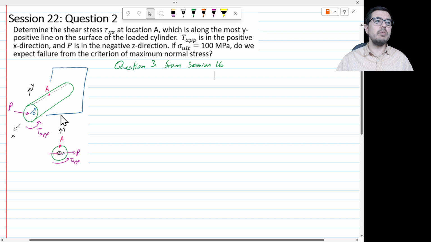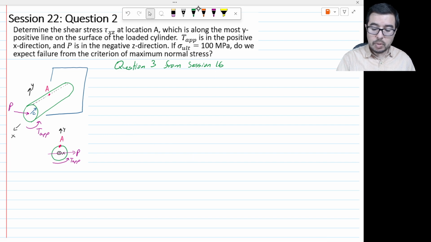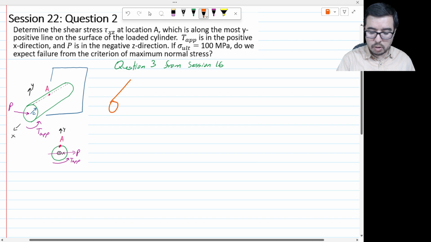But let's go ahead and recall what the state of stress at location A might be. To do that, we can first redraw our little cylinder like we have here. Let's just say that this element is up at the top.